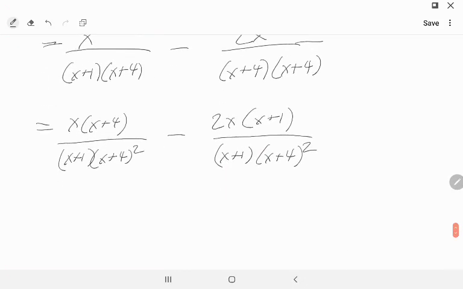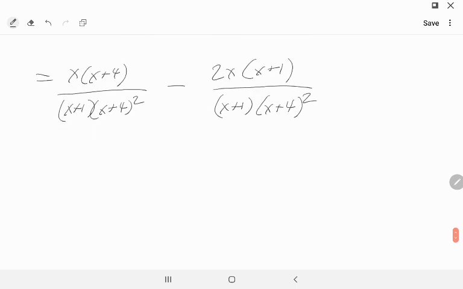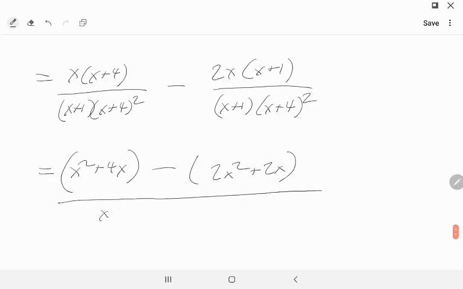And so this is one of those cases where we have to multiply everything out, combine like terms, and then check for simplification. So we're going to get x squared plus 4x minus the quantity 2x squared plus 2x, all divided by x plus 1 times x plus 4 quantity squared.